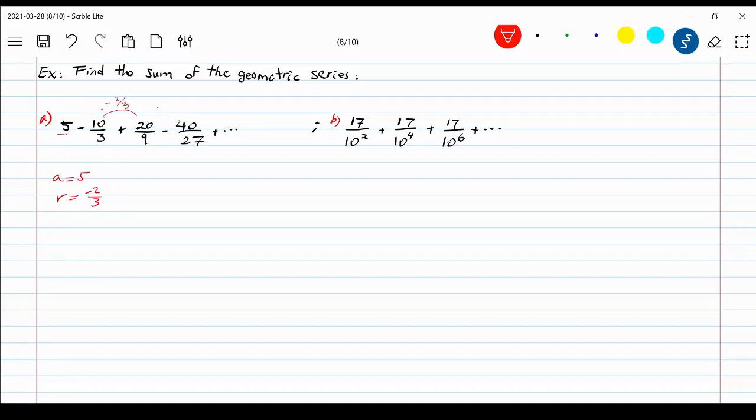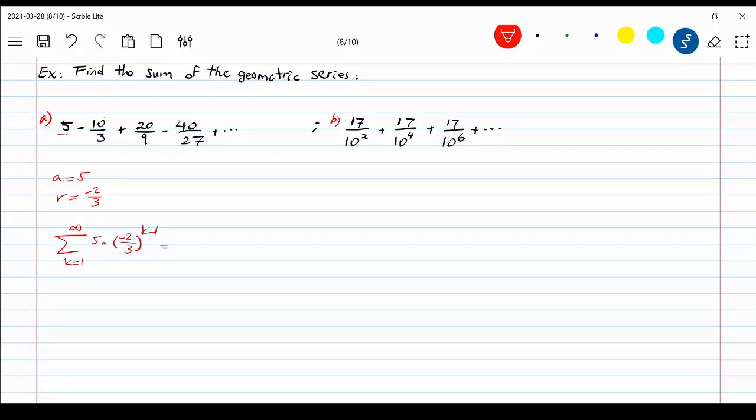Yes, I do. And if I multiply again by negative 2 thirds, do I get the next term? And so on and so forth. And you notice that it is a geometric series. You can write it as the summation of 5 times negative 2 thirds to the power k minus 1, k from 1 to infinity. This is basically what the question is.